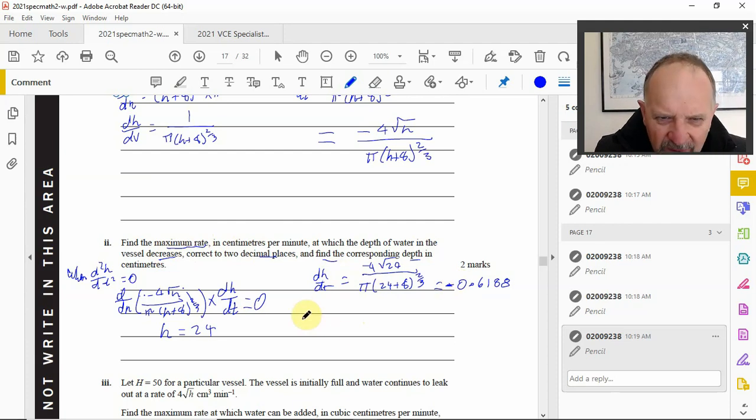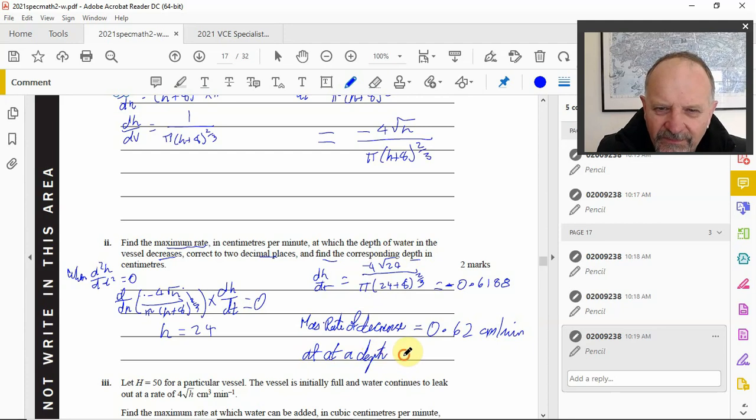And so what we need to say then is the max rate of decrease to 2 decimal places is equal to 0.62 centimetres per minute, and at a depth, because they've asked for the corresponding depth, of 24 centimetres.